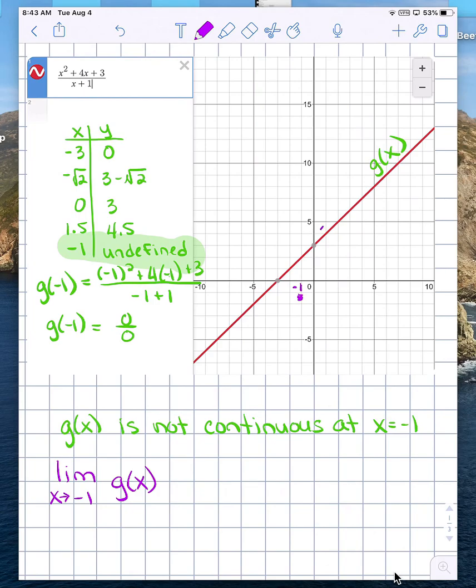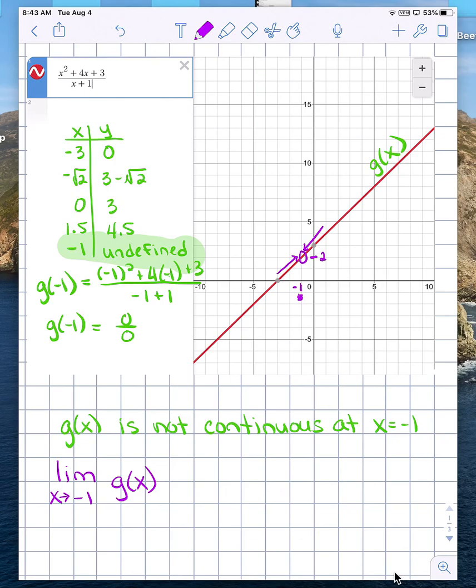But if I look from the right and I look from the left, it looks like we're still approaching a value. We're getting closer and closer to some value. And according to Desmos, that y value, the function value that we're getting closer to, is 2.